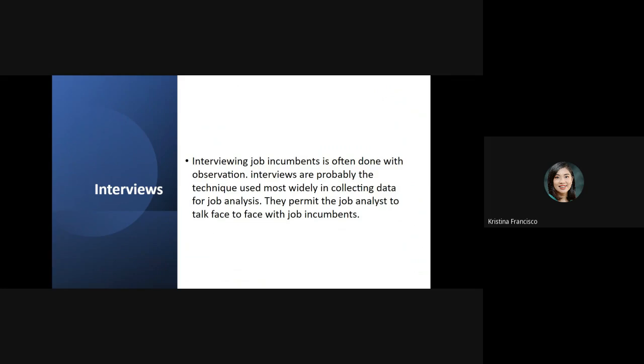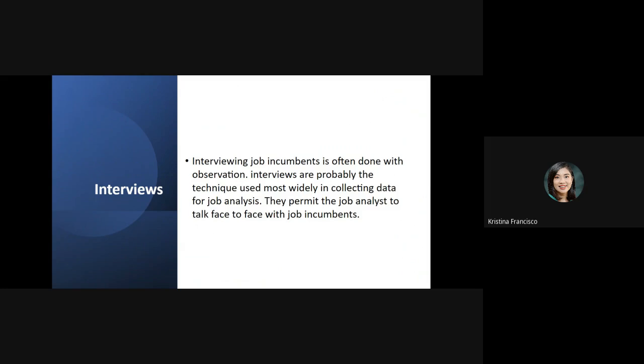Interviews are widely used in job analysis to gather detailed information from employees about their tasks, skills, and abilities. Structured interviews ensure consistency, and interviews are useful for in-depth insights, especially with a small number of job holders or to design a survey. However, they can be time-consuming and expensive.